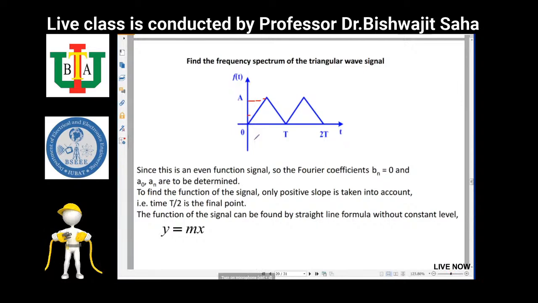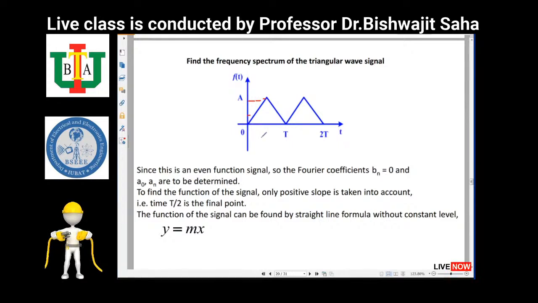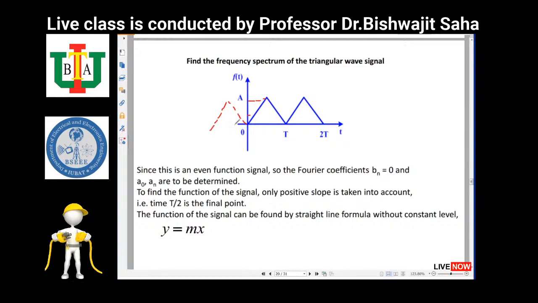So to solve this problem, we need to find out firstly whether the given signal is an even function or odd function. To prove that, we need to draw the negative mirror of the signal, right? The mirror of the signal, the negative side signal.